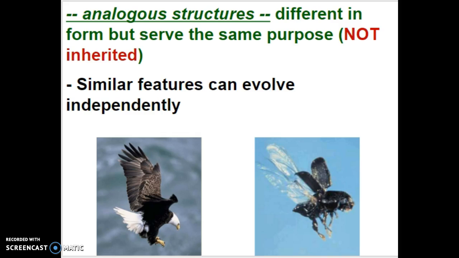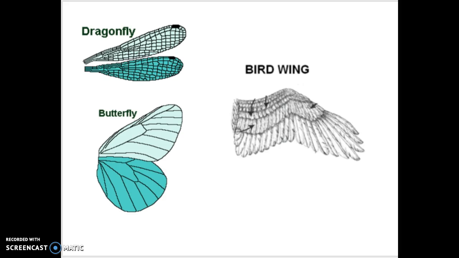For example, wings. Wings are used for flight. Birds have wings and insects have wings. So analogous structures show that similar features can evolve independently in different lines of descent. So again, here we have in the diagram insect wings and bird wings, both used for flight, but made out of completely different materials.